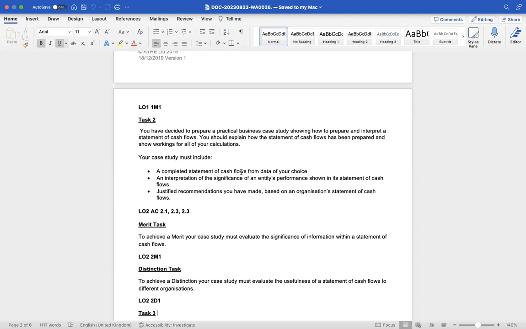Using the collected data, prepare a statement of cash flow. Break down the statement into 3 main sections: operating activities, investing activities, and financing activities. Show all the calculations and working to demonstrate how each section works.